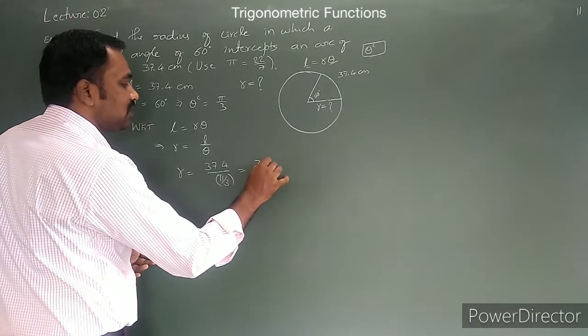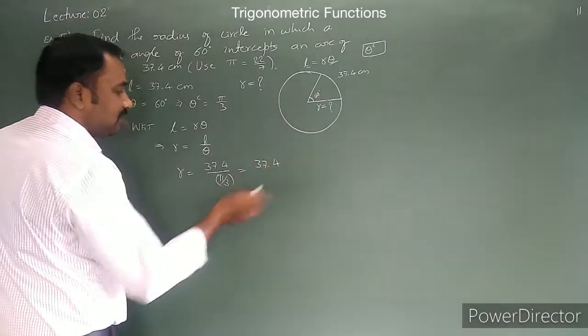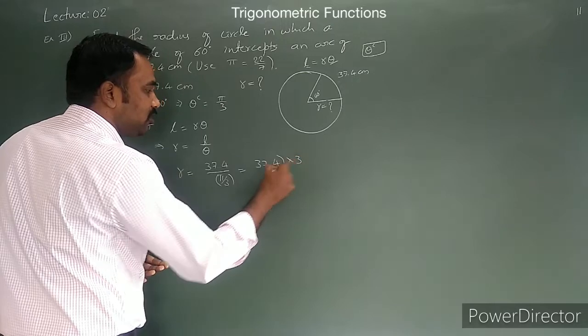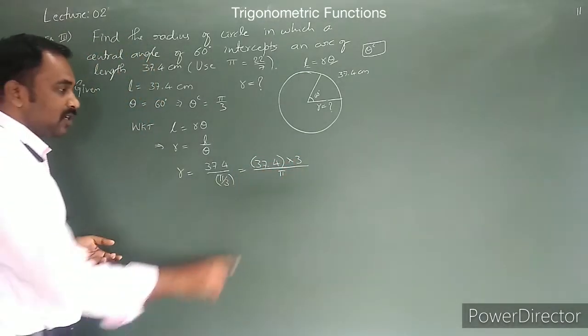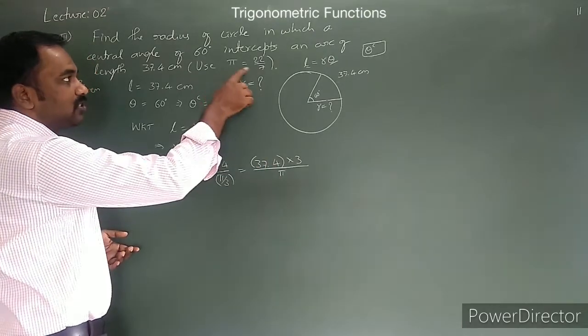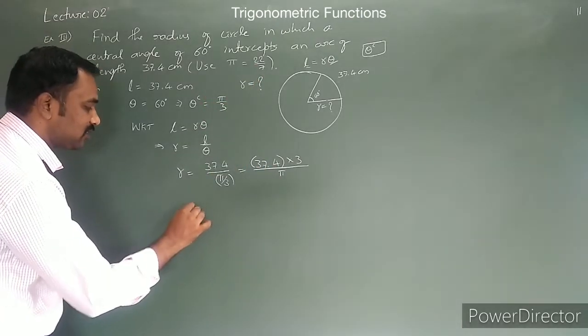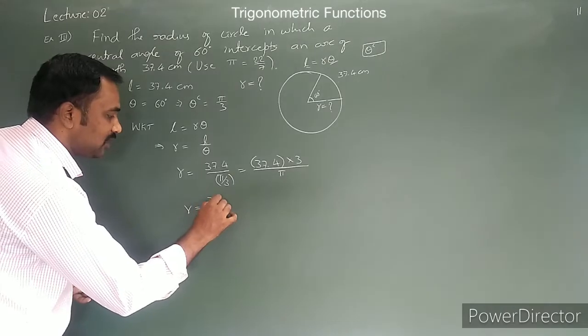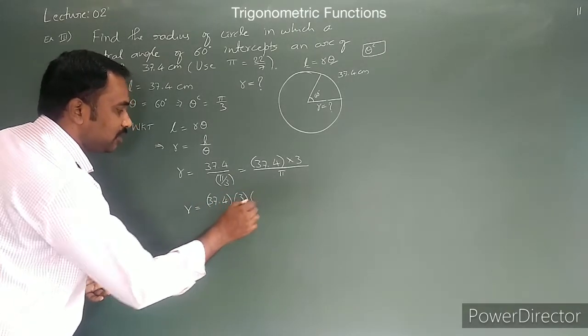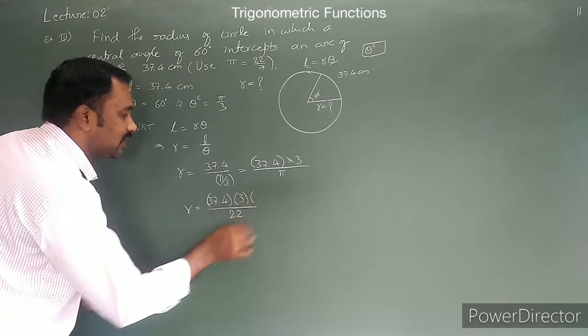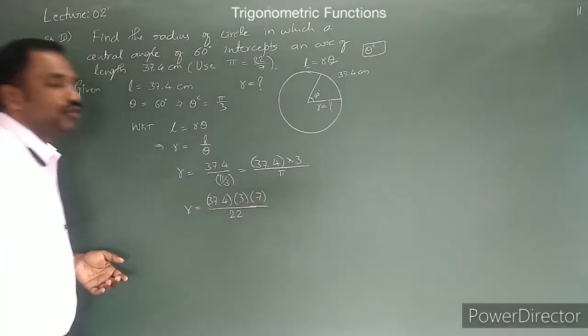Simplify. 37.4 divided by 3, I just taken to the numerator and divided by pi is left. Again, they are given, use the pi value as 22 by 7. So r is equal to 37.4 into 3 into 22 divided by 7. I just taken to the numerator.